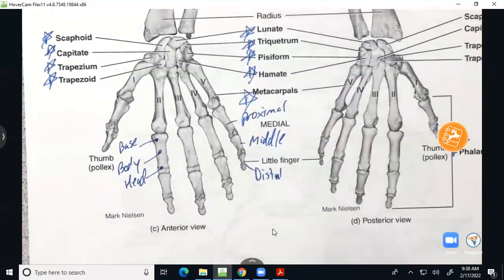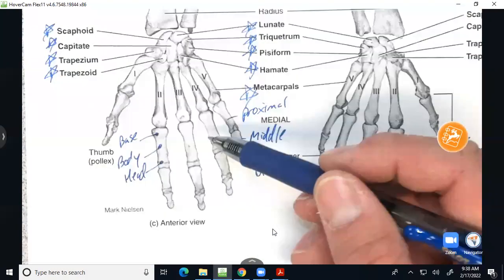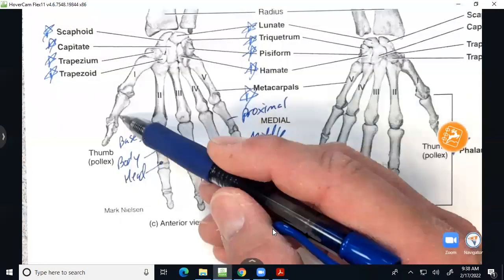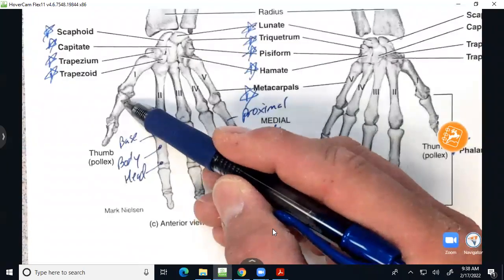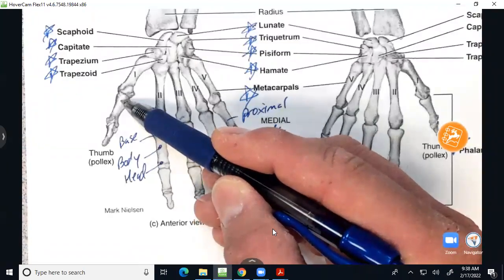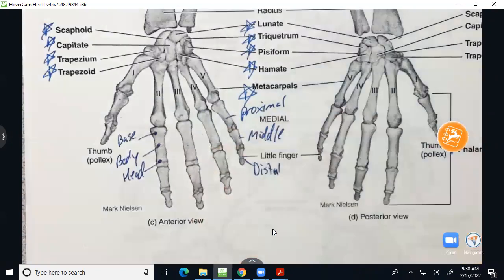So when you have your index through your pinky, there's 3. So there's a proximal, middle, distal, proximal, middle, distal, proximal, middle, distal. The exception to that rule would be your thumb, which would only have a proximal and distal because there's only 2 in our thumb, not 3.